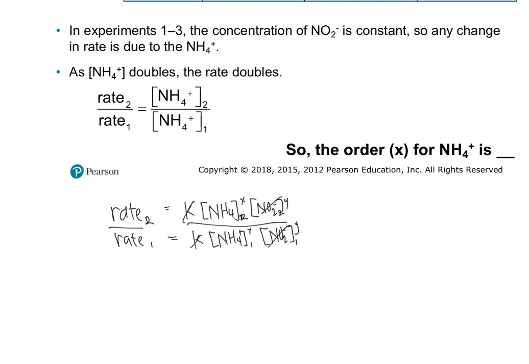The rate constant, well, you don't know what that is quite yet, but this constant K will also cancel out. So what we'll get is that the rates over each other are equal to ammonium to the X of the second condition over the first condition.